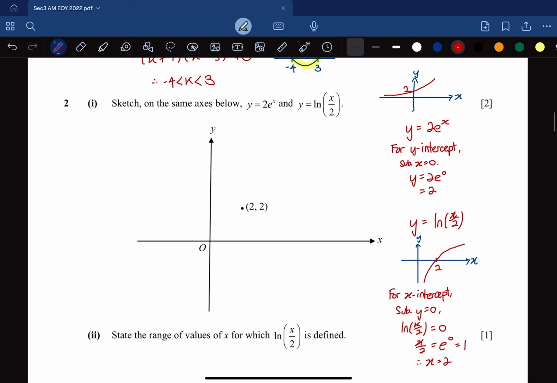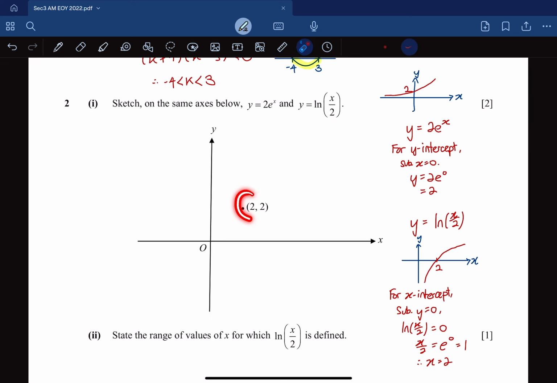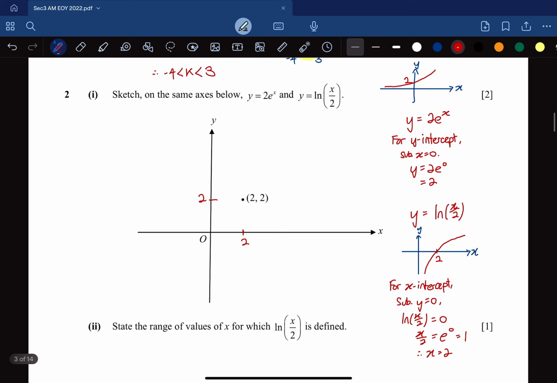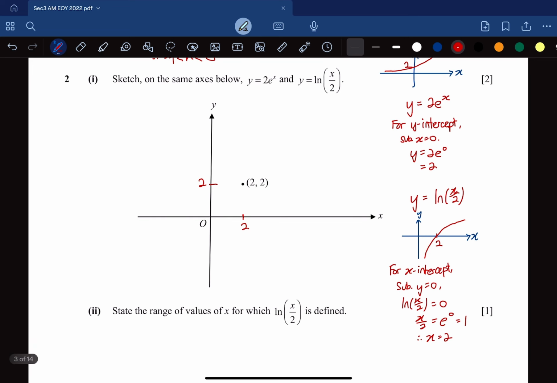Given this point 2 over here, in any sketch you must always label your important axial intercepts. I know that this point is 2. This point here is 2 on the x and y axis. Therefore, I can now sketch my graph. For my ln function, my graph will simply look like this.